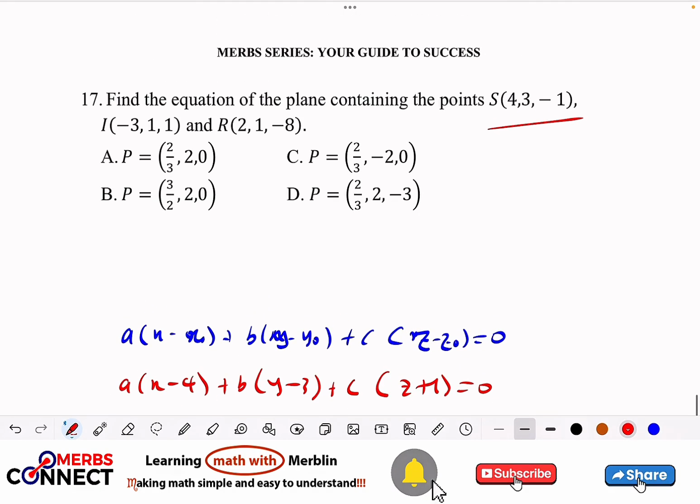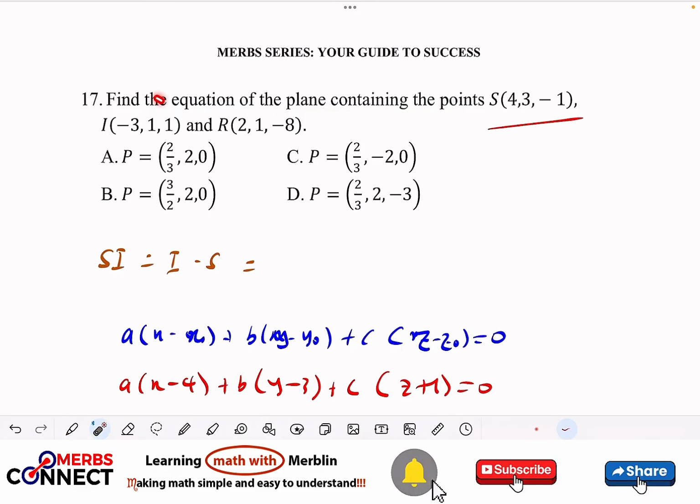So let's look for SI, SR, and then we just do that. What is SI here? SI is I minus S. So minus 3 minus 4 is going to give us minus 7. Minus 1 minus 3 is going to give us minus 2. 1 minus 1 is going to give us also minus 2.